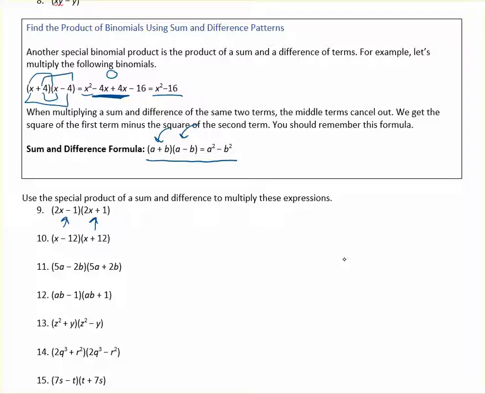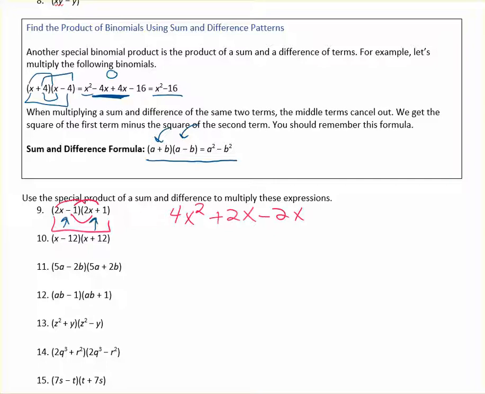Now you can also use FOIL to get these problems. You don't have to use a special formula. For example, in number 9, I could do FOIL. First term times first term would be 4x squared. The outer would be 2x times 1, that's plus 2x. The inner would be minus 1 times 2x, that's minus 2x.